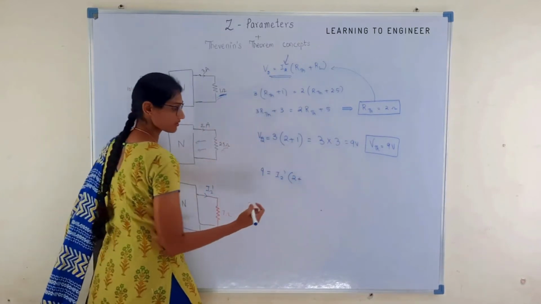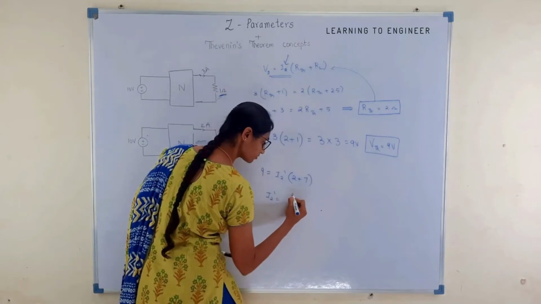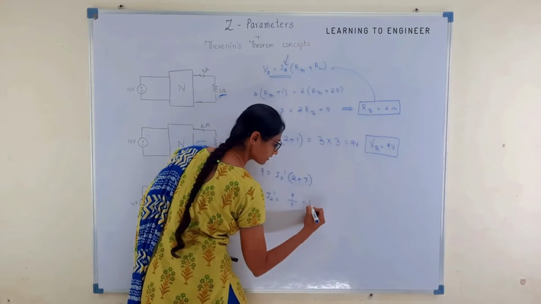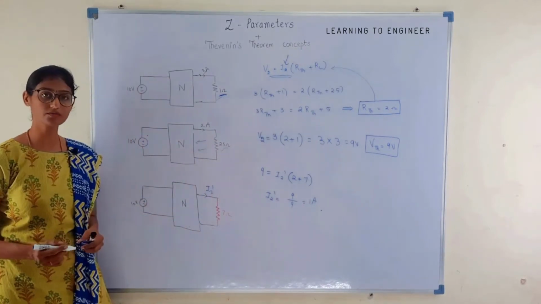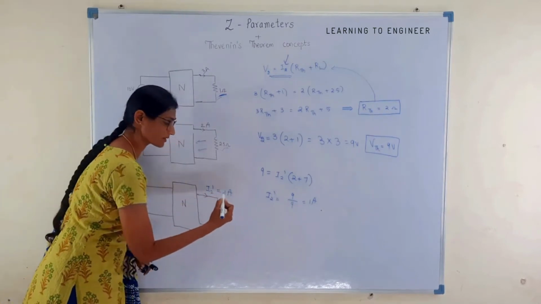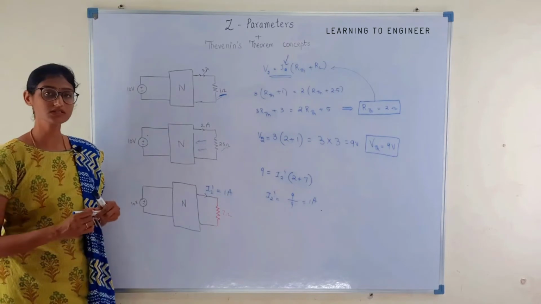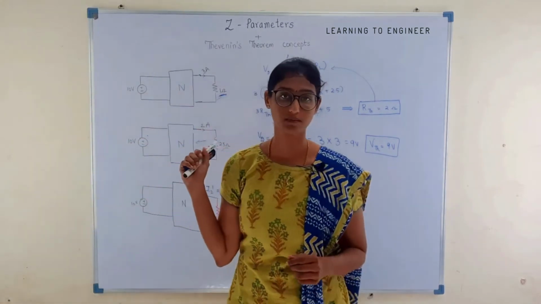What is RL? 7. So, the value of I2 dash is equal to 9 divided by 9, 1 ampere. So, when we have a resistor of 7 ohm in the output port, the value of I2 dash will be 1 ampere. Using these same cases, we also have another question in this problem.